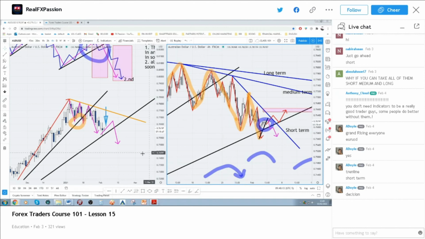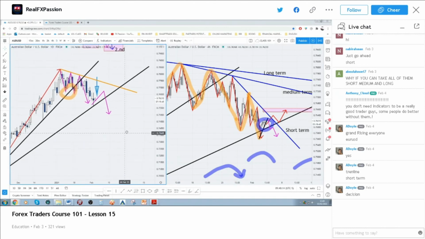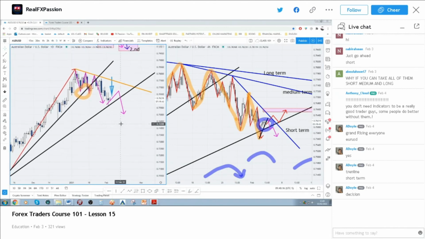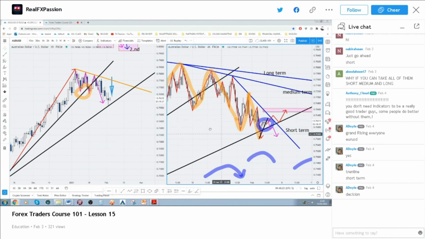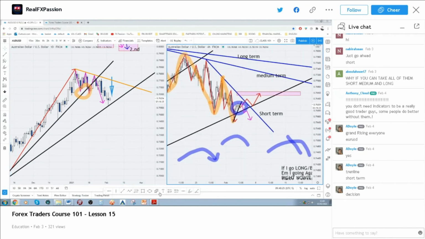Now, for the beginner trader, here is the challenge that makes bad trading habits. I decide to go short right now. The daily is telling me that it's a low probability trade.